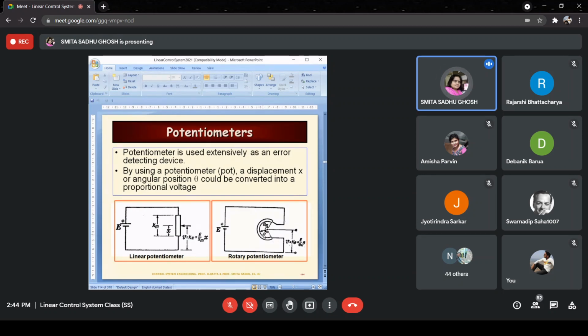So this circular element has a pointer. The arrow over here is the pointer. Say it is fixed at this particular point, and this pointer can be rotated such that it can span the angular displacement from this point to that point. So again, there will be a reference end. Let us say that this end is the reference end. So basically this point is what we have.